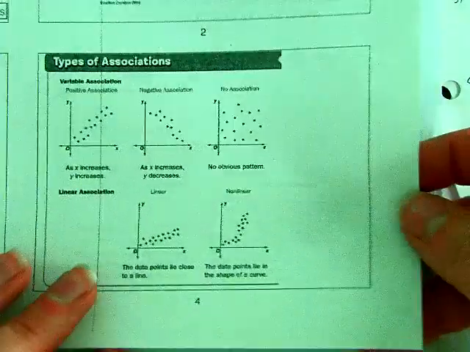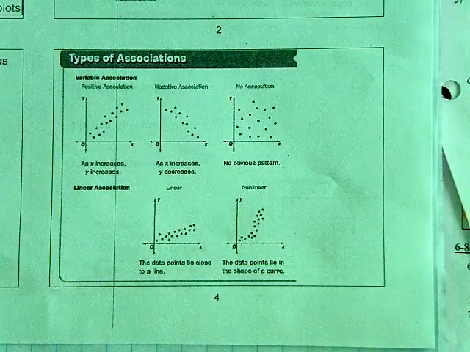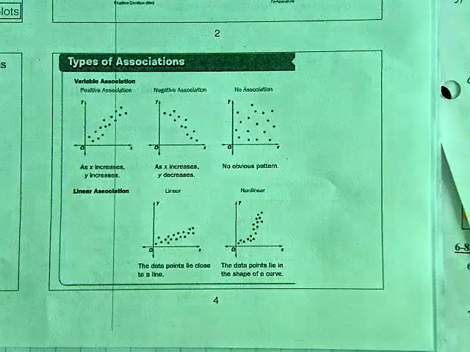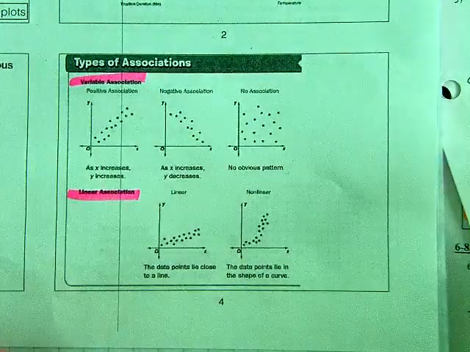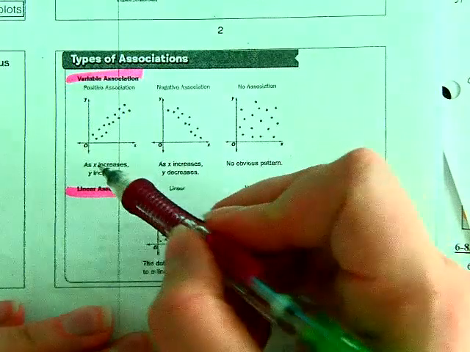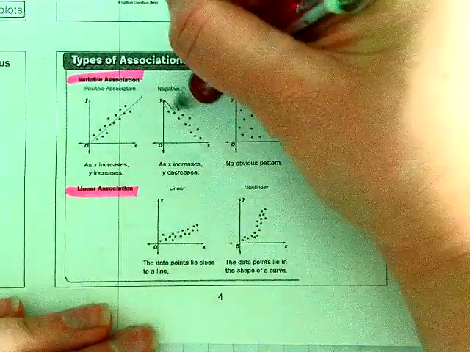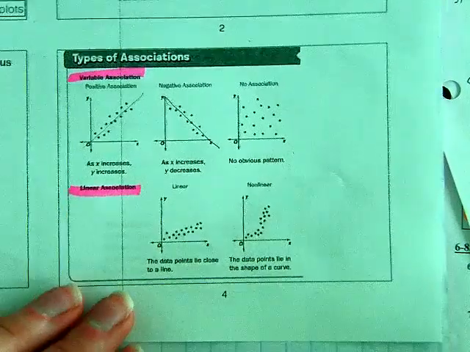Okay, well there are different ways that the lines, if we were to draw one, are related, or how the points are related to one another. So we have something called variable association and linear association. We're going to pick one from each category coming up here. So we have a positive association, so it looks like if we were to draw a line going up, negative association, or it's all over the place, so there's no association.